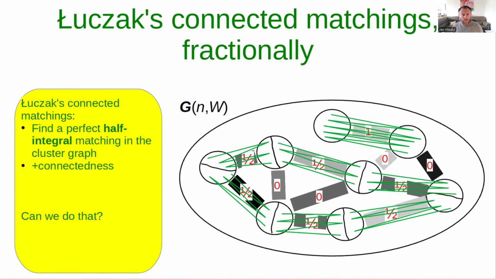So how does a half-integral matching actually look? In a half-integral perfect matching, every cluster has a fractional degree of exactly 1. That means that cluster is either linked to exactly one other cluster by an edge of weight 1, or it's linked to exactly 2 other clusters by edges of weight 1/2.